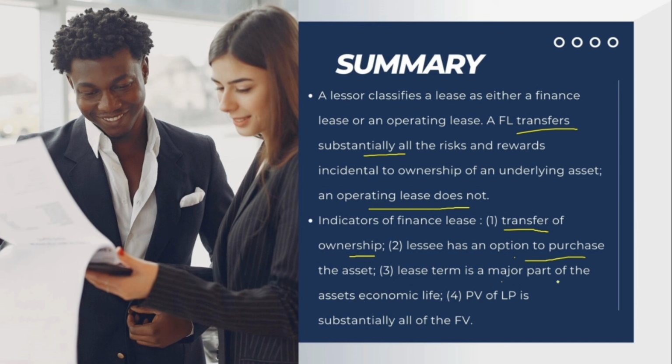Major part means at least 75% of economic life of an asset. Fourth, present value of lease payment is substantially all of the fair value. Substantially all means at least 90% of the fair value of the leased asset. These four major criteria are determinative in nature, meaning any one of these would result in the classification of the lease as finance lease.